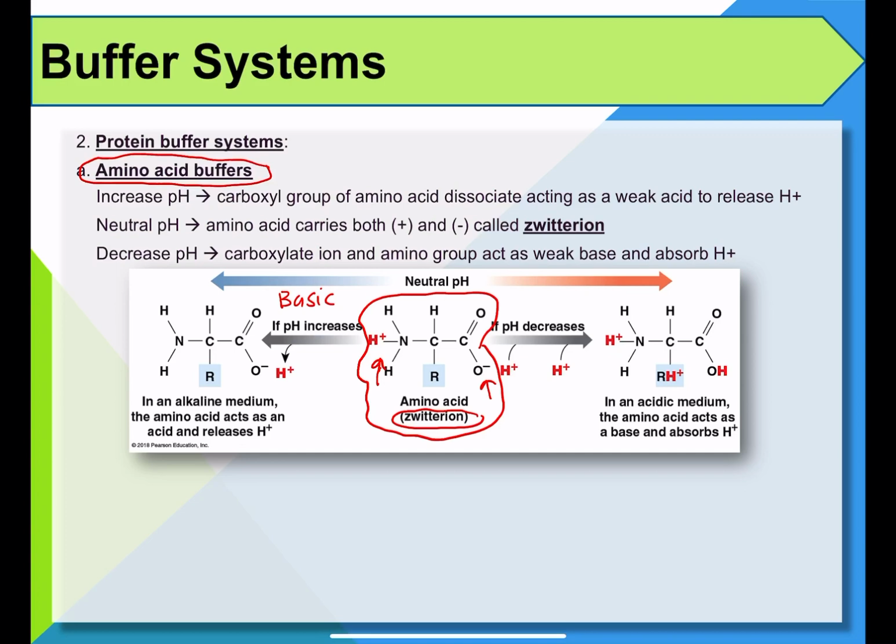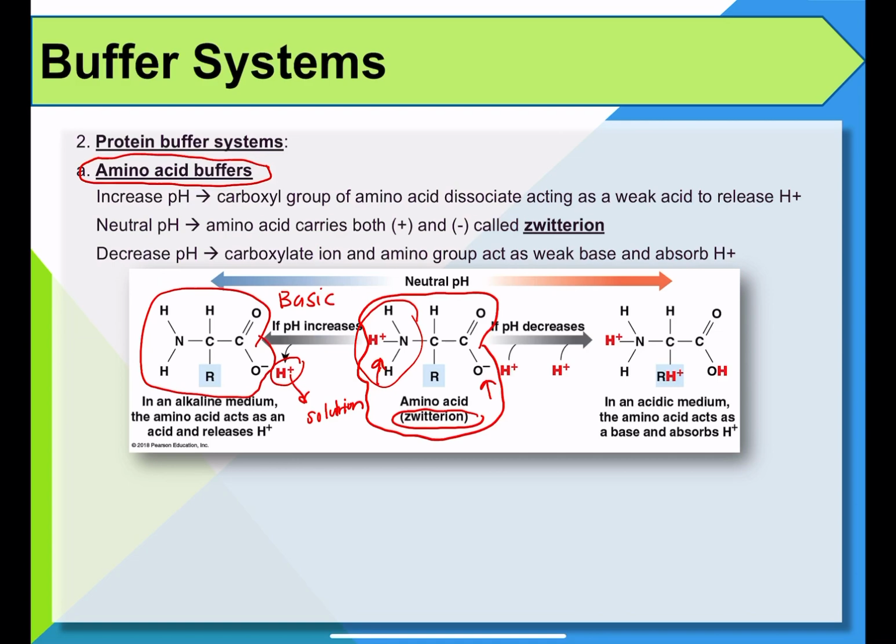And it donates hydrogen ions from the amino group here. Okay, so hydrogen ions gets donated into the solution to neutralize the solution, and now you have this forming from the amino acid because now you have lost the hydrogen ions due to donation to the solution.